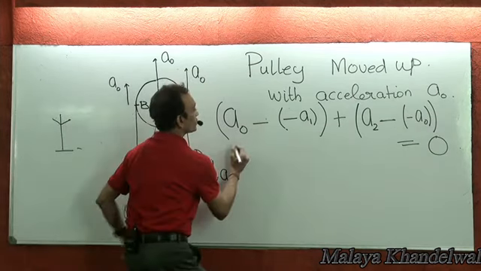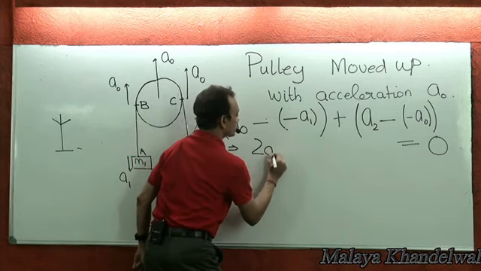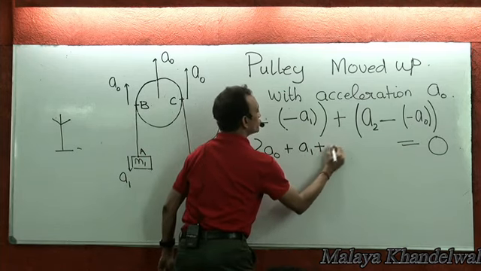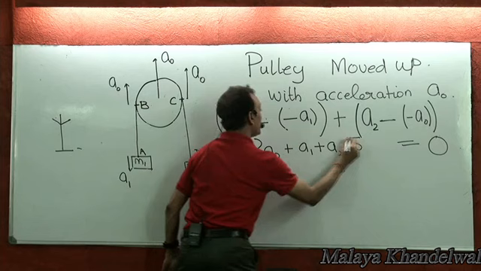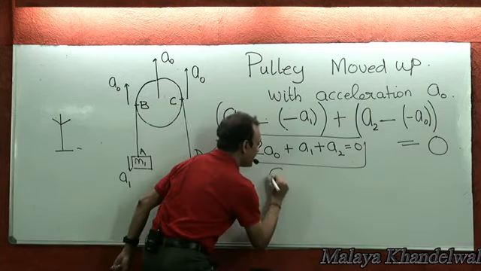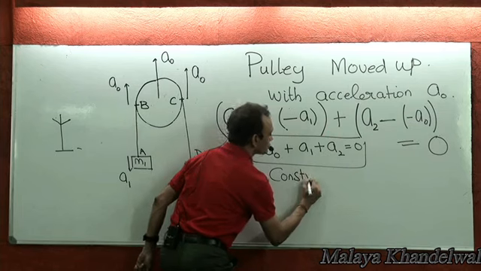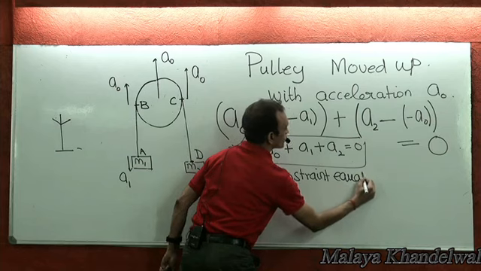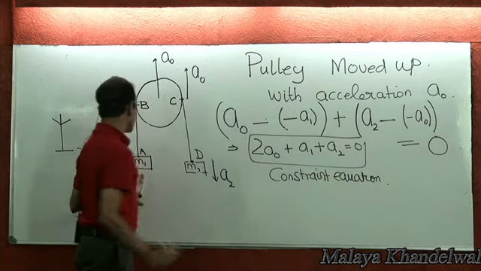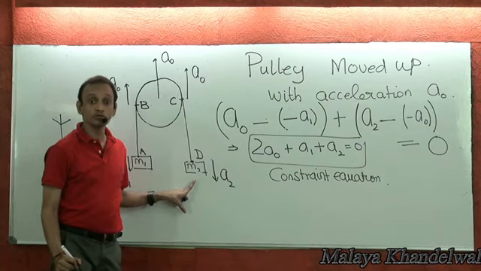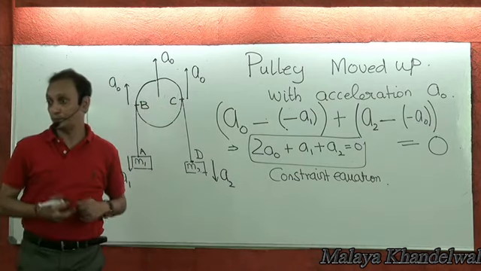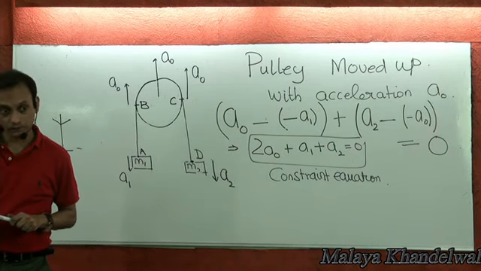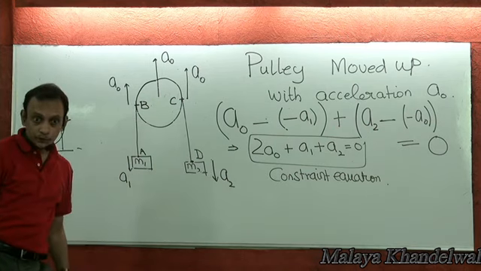Which would give me 2A0 plus A1 plus A2 is 0. This is my constraint equation. This is my constraint equation for this system. This is the relationship that connects the acceleration of m1, the acceleration of m2, and the acceleration of the pulley. Yes or no? Clear? All's good? Right?